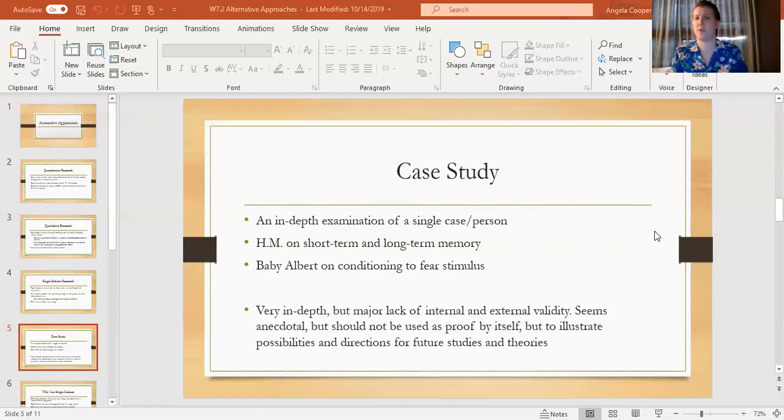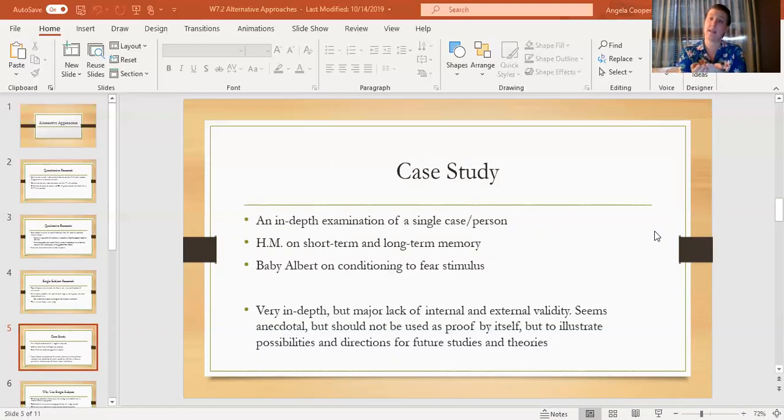Baby Albert, if you've heard of Baby Albert, is an infamous case where he was tested. This child was exposed to loud noises in response to a small white rat, or a mouse or something, but it was a small, non-threatening little animal.